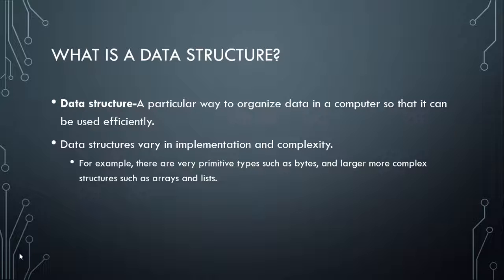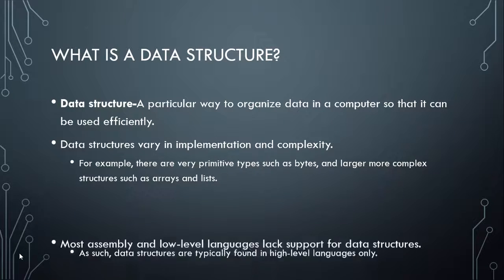There are some types, such as bits, or excuse me, bytes, and larger, more complex structures that exist, such as arrays and lists. Depending upon the programming language you're using, or the system you're going to be working in, these different forms of structures have different complexity, and how they get implemented into the system varies.